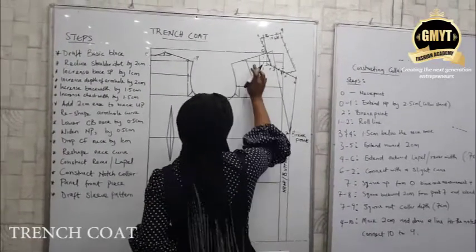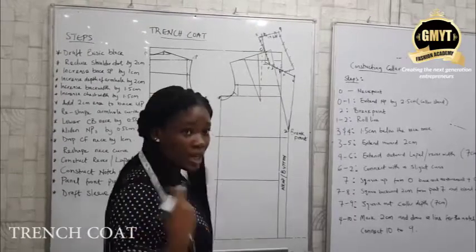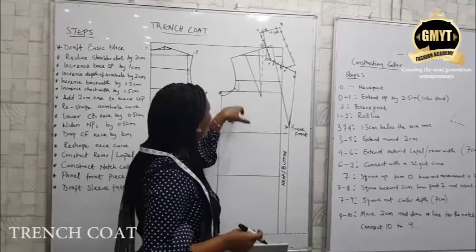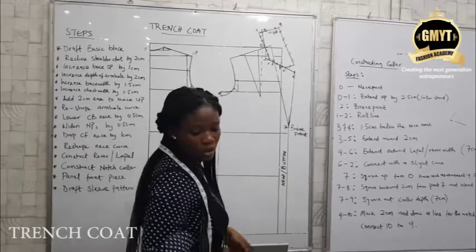then I need to close this dart. I cannot transfer it to my underarm. So all I need to do is panel my front bodice.